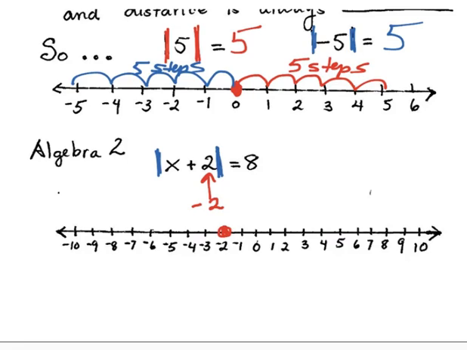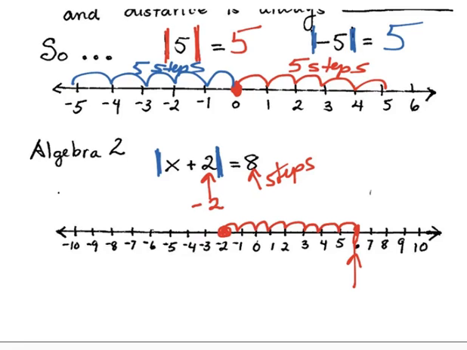Instead of starting at 0, we're going to start at negative 2. And how many steps are we going to take? Well, we're going to take 8 steps. So let's do that. 1, 2, 3, 4, 5, 6, 7, 8. All right, so we are at 6. We took 8 steps from negative 2, and we're at 6.